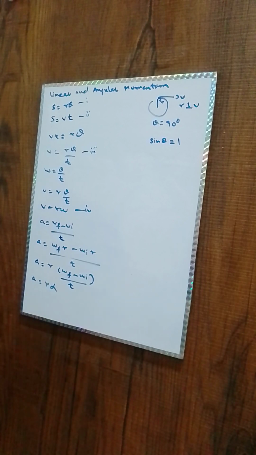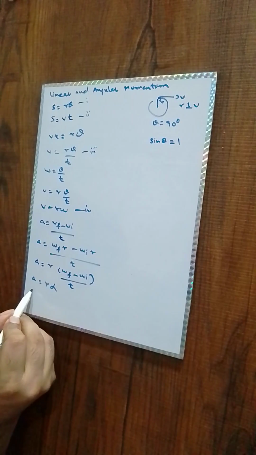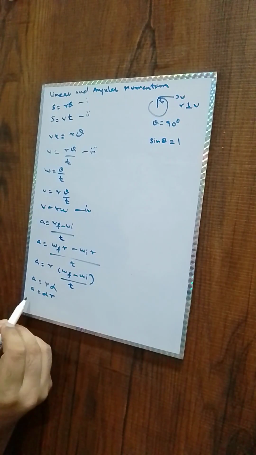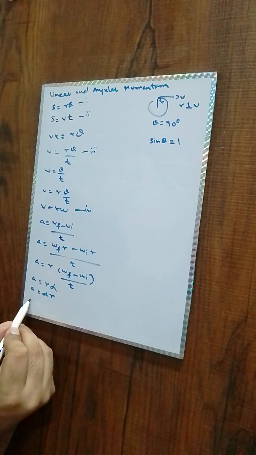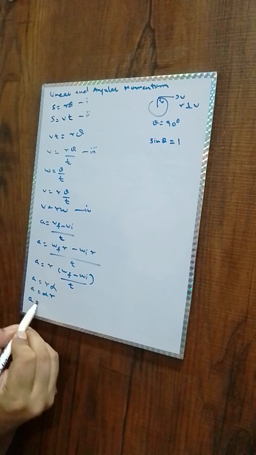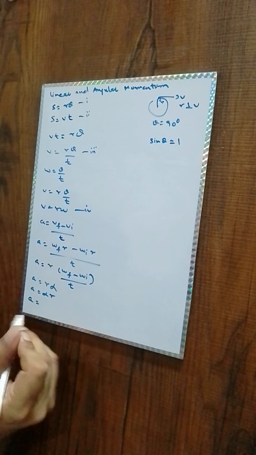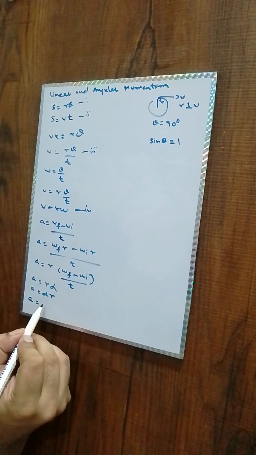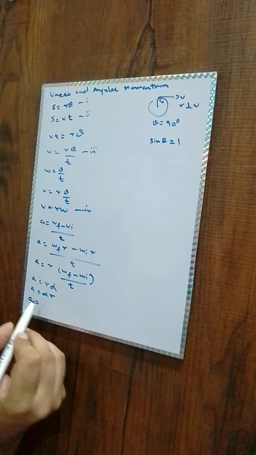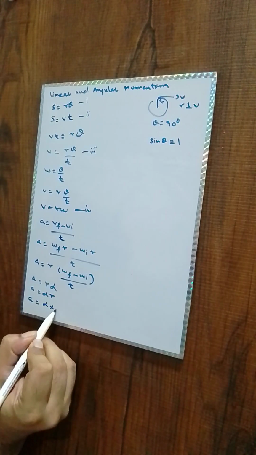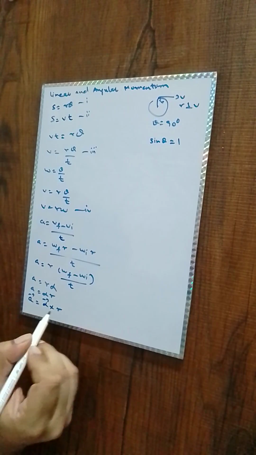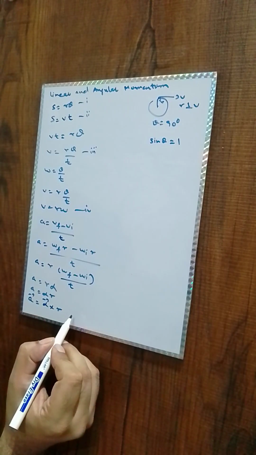Changing the sequence, a is equal to alpha cross r.